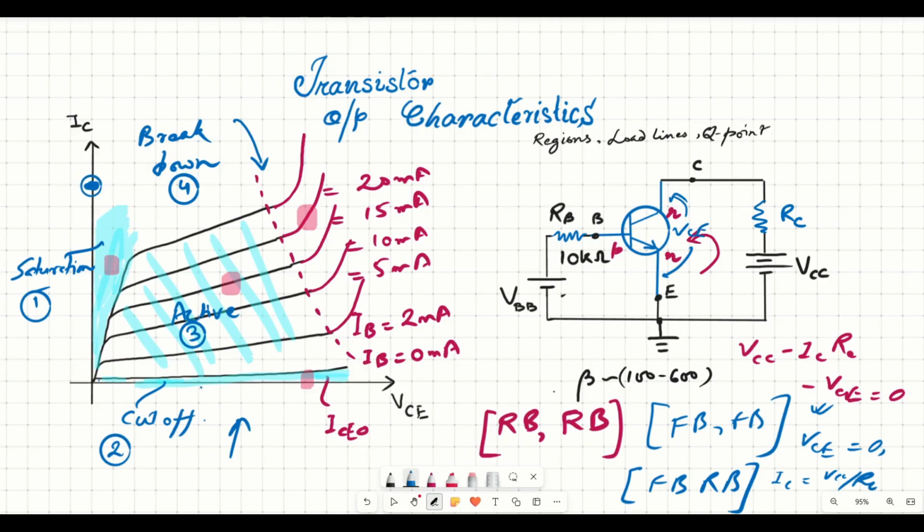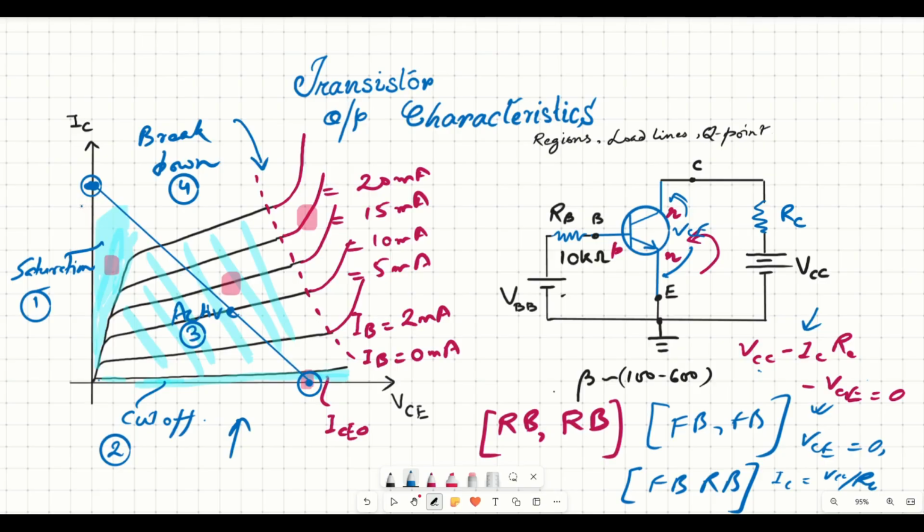The next point is where the current is 0. If we take the current to be 0, then the value of VCE equals VCC, which will lie somewhere on the x-axis, which represents the VCE value. Now in order to have the load line, we just have to connect these two points.